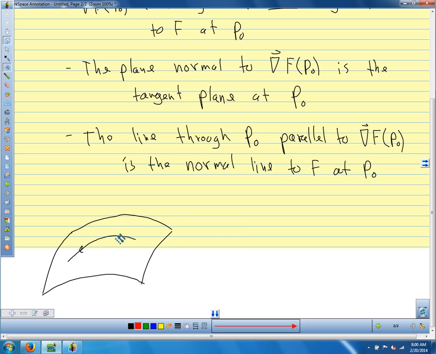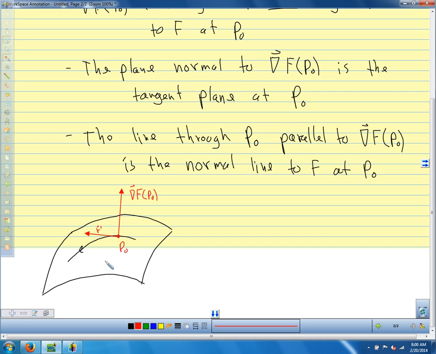So there's my tangent vector, that's R prime. Our del F is our normal vector at that particular point. So there goes del F, normal to the surface. There's P0 down here on the surface.